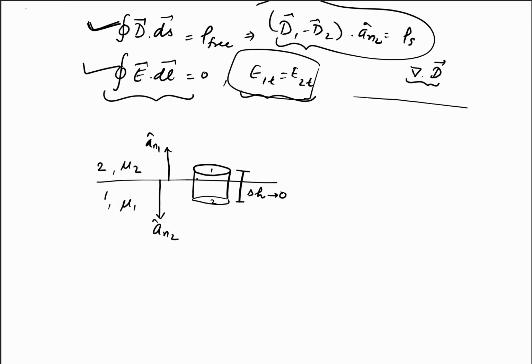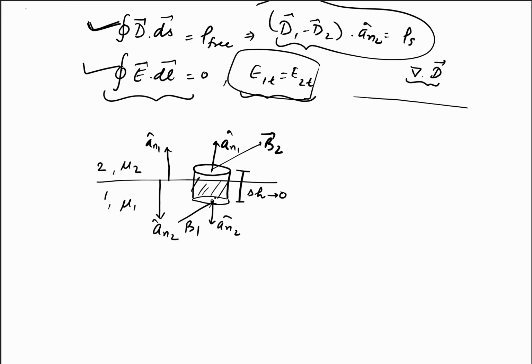For this bounding closed surface, the normal vector for surface 1 is the same as an1, and for this it is an2. Now let us say the magnetic field B1 is like this and B2 is like this.